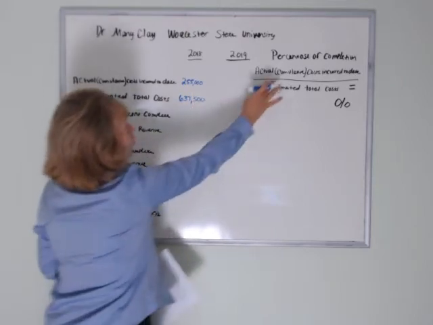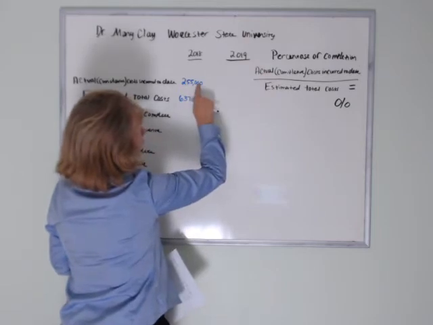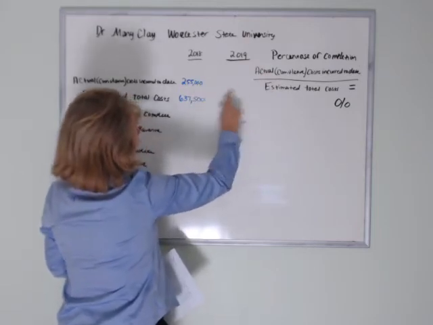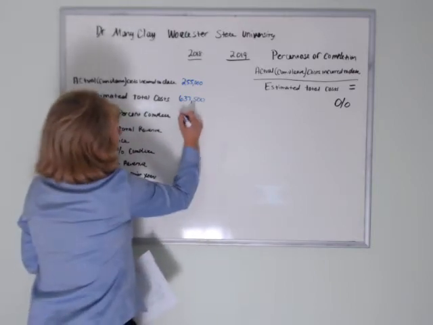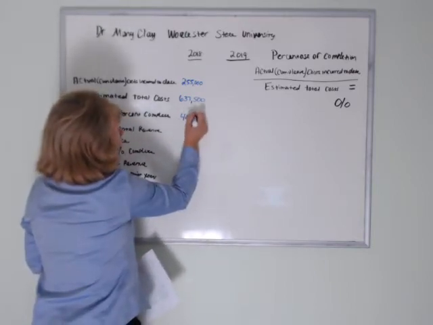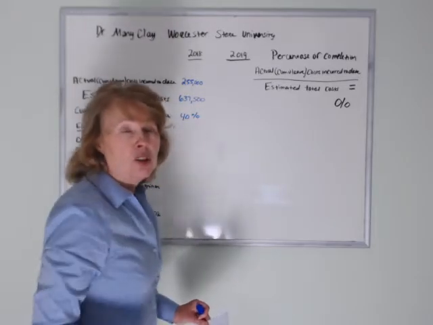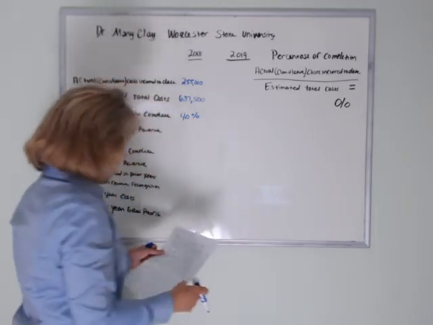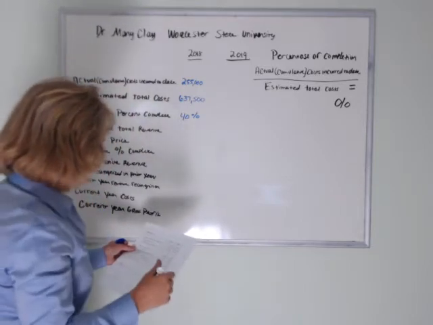Look at this equation right over here. Actual costs are 255 divided by the estimated total cost, 637,500, and it's 40%. I'll show it the same as the lab. You know I like decimals, I would show it as 0.40, but for the lab, I think they'll make you do a percent.